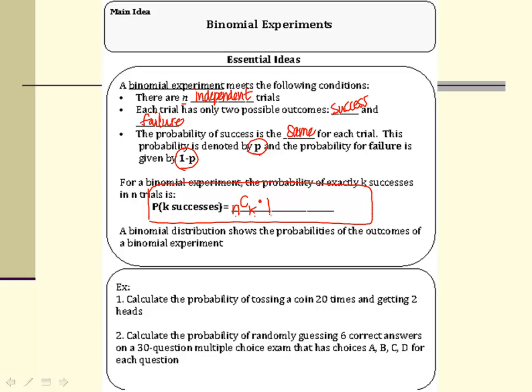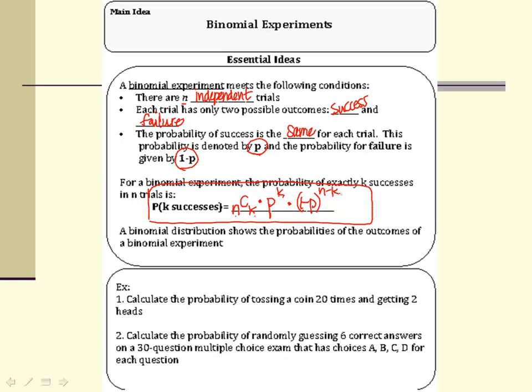I multiply the probability of success to the kth power because I'm looking for k successes with that percentage rate. And then I do my number of failures, 1 minus p, to however many other trials there are, and we say n minus k.